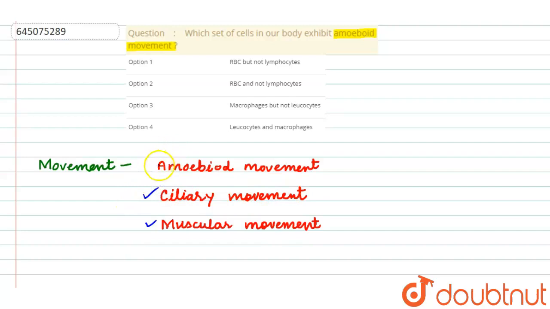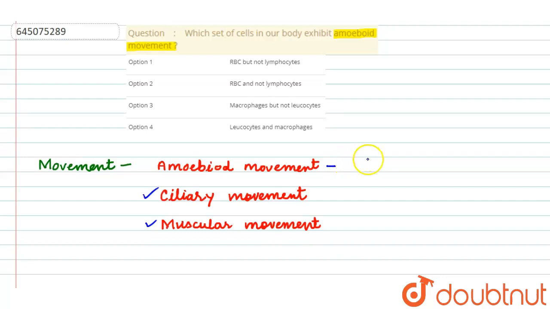Now, moving on to the first movement, Amoeboid movement. In Amoeboid movement, skeletal filaments and microfilaments in the cells are responsible for the formation of pseudopodia. The pseudopodia is the extension of cytoplasm in the direction in which the cell needs to move. In this way, it helps the movement of the cell.